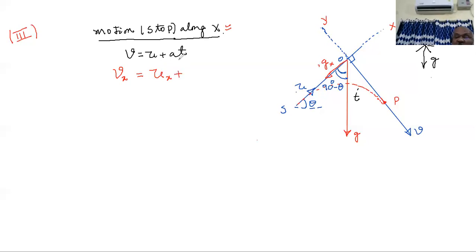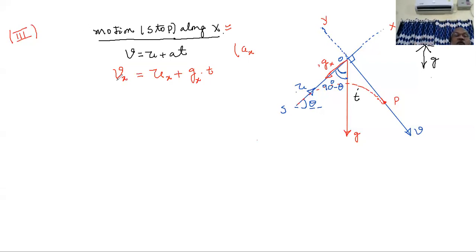A means Ax, the x component of acceleration. Because overall acceleration is g, if somebody writes gx in place of Ax, he or she is perfectly eligible. So I write gx directly, thereby skipping a step.